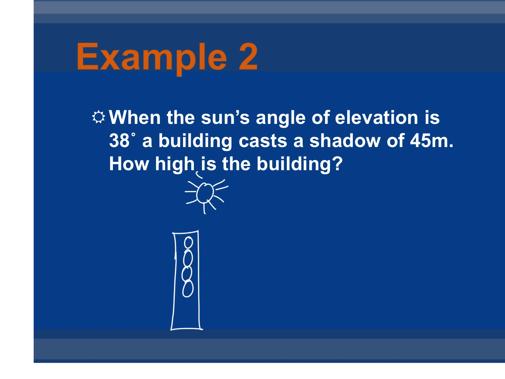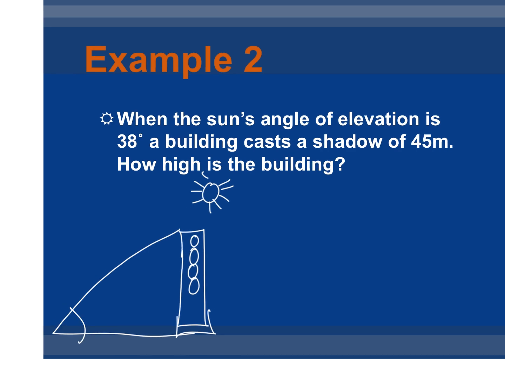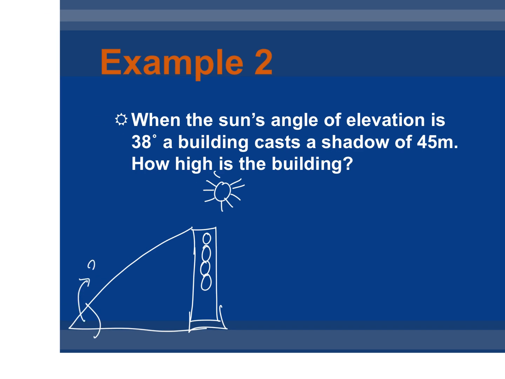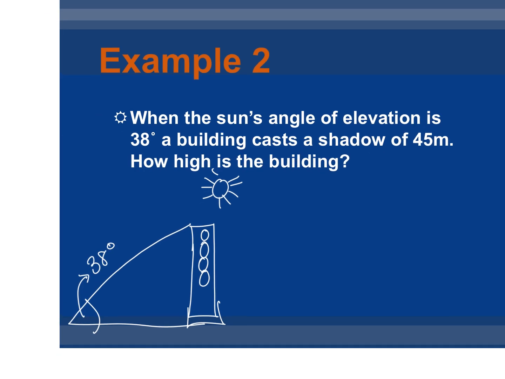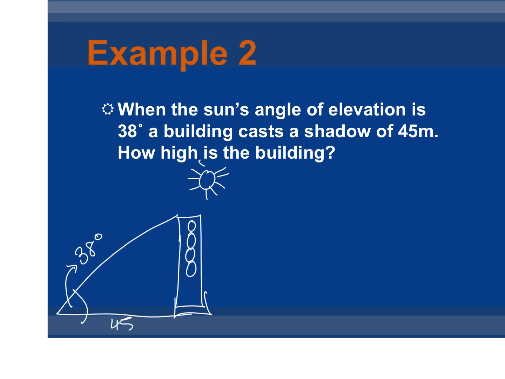Angle of elevation. This is my angle of elevation, which is 38 degrees, and it casts a shadow that is 45 meters. This is what it should look like. We're trying to find the height of my building, which I'm representing as X. And again, I know I'm using my SOHCAHTOA.